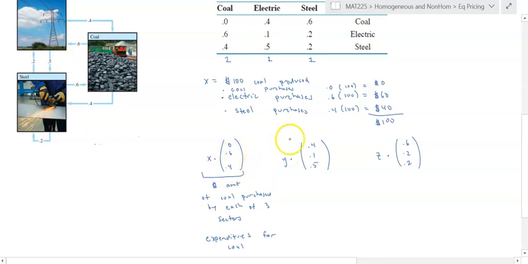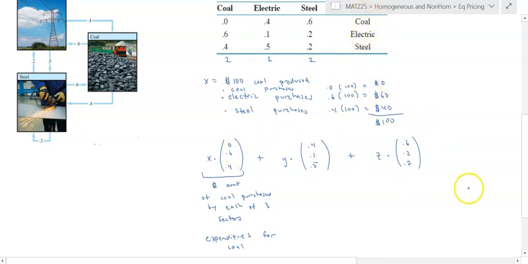Now, because we know that the top row represents everything that coal will buy, the middle row represents everything that electric will buy, and the third row represents everything that steel will buy. If we add these three things together, the sum of these will represent all of the purchases by each of the three sectors.